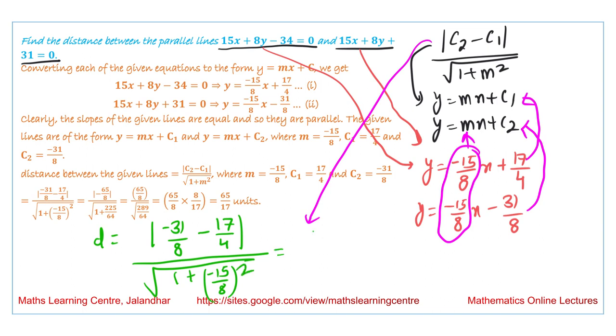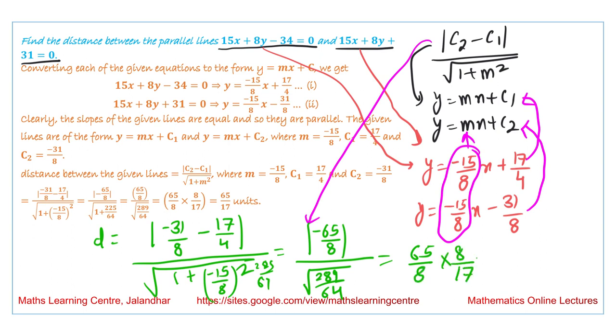The answer we get is minus 65 by 8 under mod, divided by, when you solve this, 2525 divided by 64. So this will become 289 divided by 64. So we are getting 65 by 8 into 8 by 17. So the answer we get is 65 by 17 units. So this is the distance between these two parallel lines.